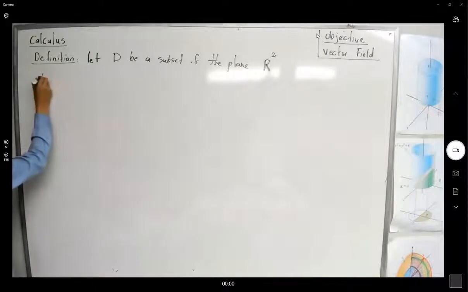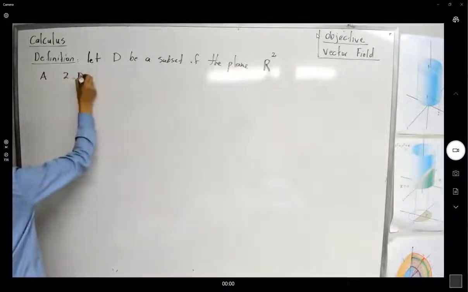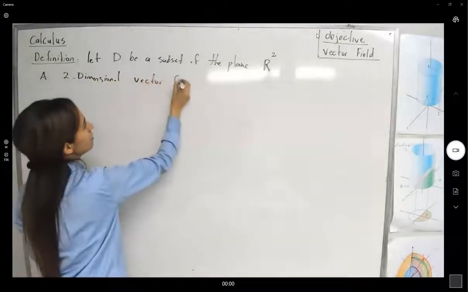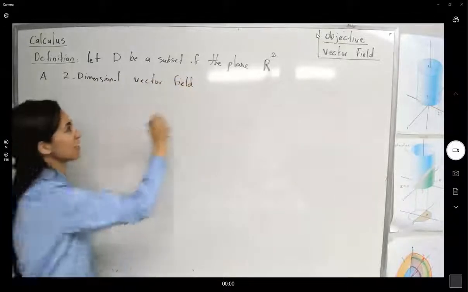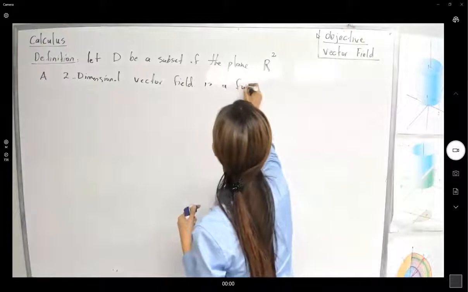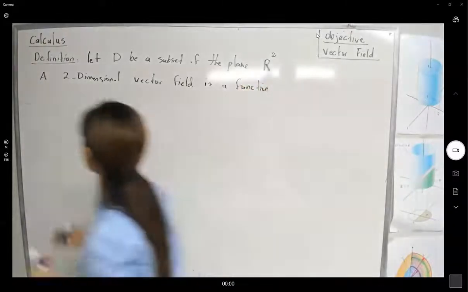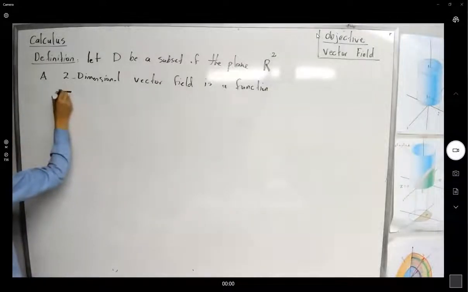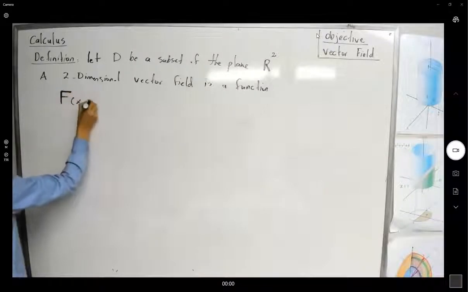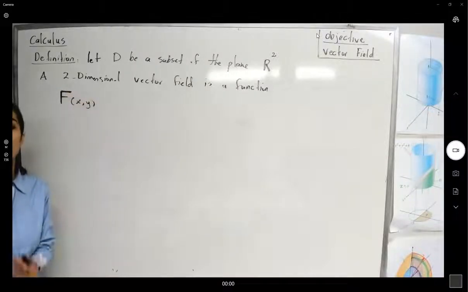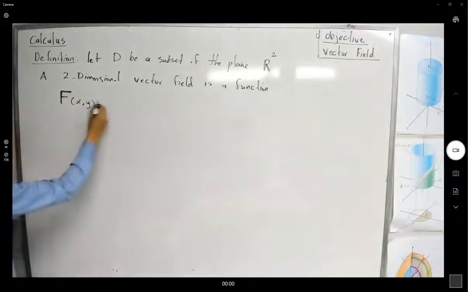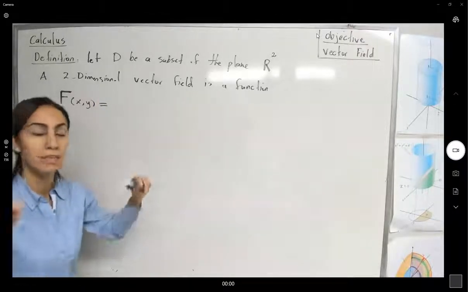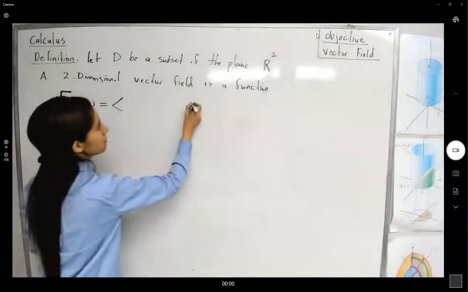A two-dimensional vector field. So the name vector field is a function. What function? The function is defined this way. F of x comma y, which is in the form of a vector, is equal to, so remember that when you're talking about vectors, we use a specific symbol, the vector symbol.